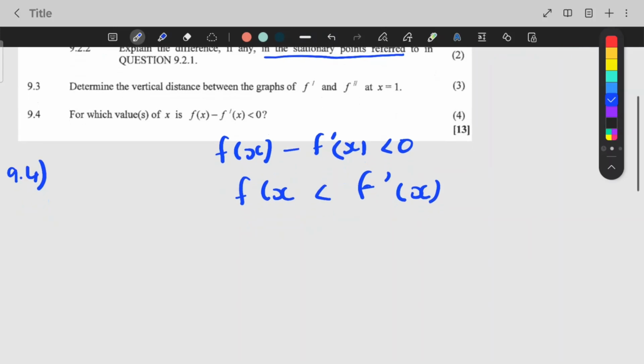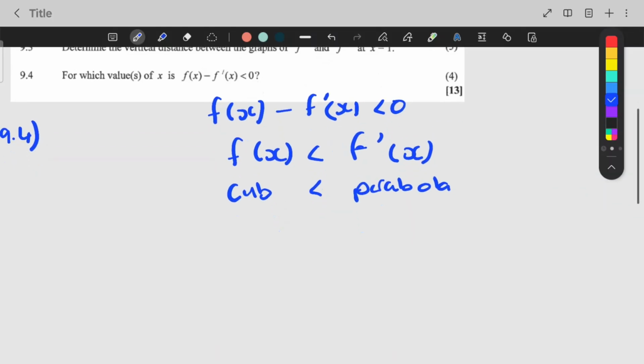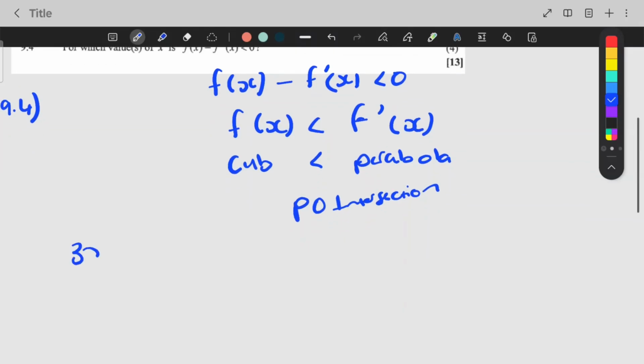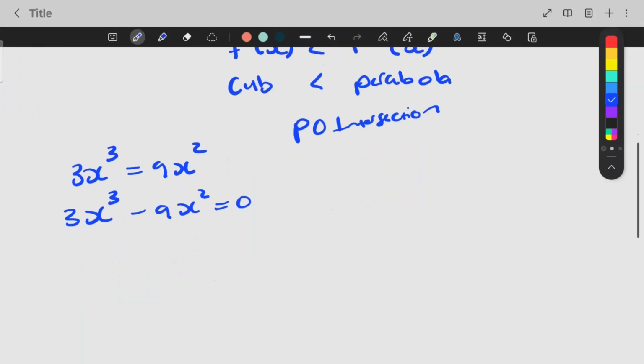So I'm going to ask myself, where is the cubic function below the parabola? You can also do it like that. Where is one function below another? We look at the points of intersection. To find the points of intersection, I would make the two graphs equal to each other like this, and then bring this over and solve for x.